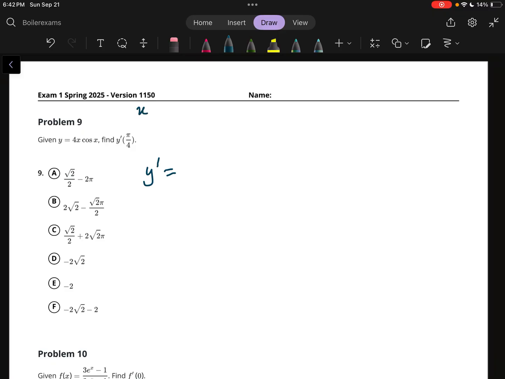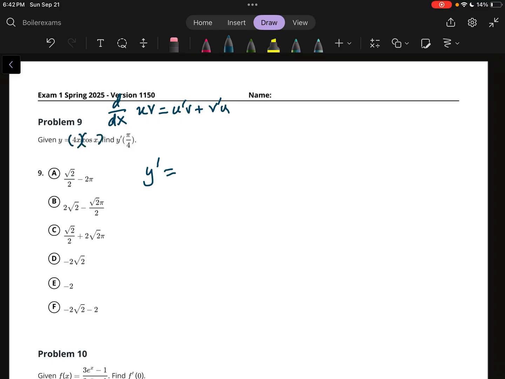The product rule states that the derivative of u times v is equal to u prime times v plus v prime times u. So our two functions here are 4x and cosine x.